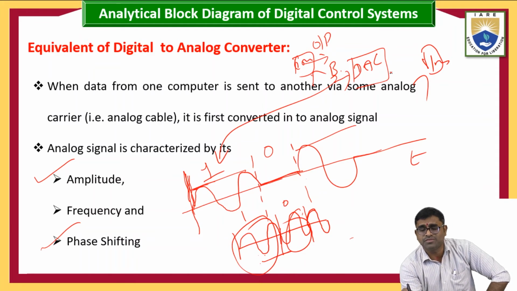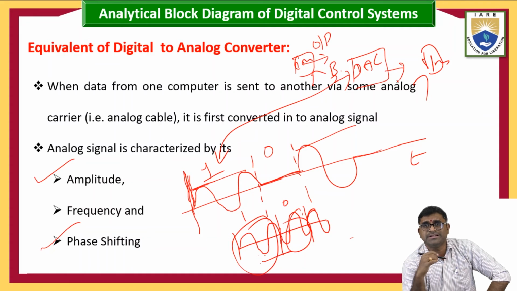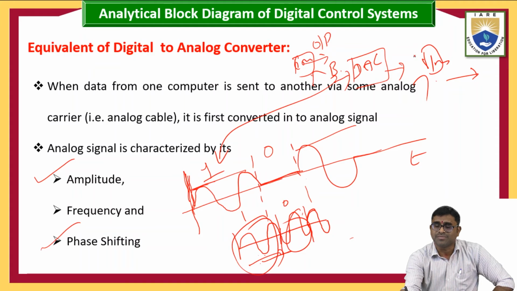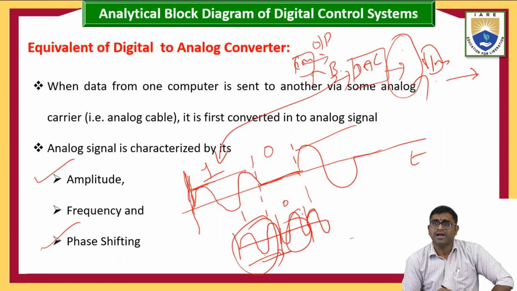If the output has a phase shift, it keeps changing after some particular cycles, so the system behavior changes and the desired output changes. That's why at the input of the system we analyze the characteristics of the analog signals: amplitude, frequency, and phase shifting.